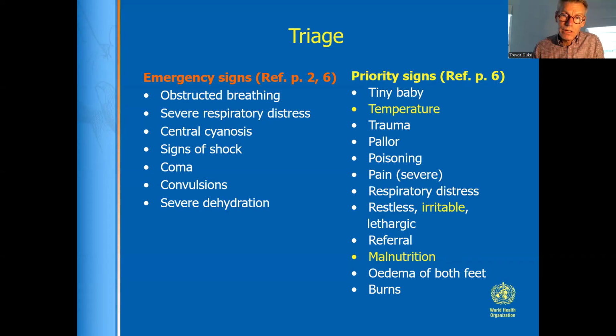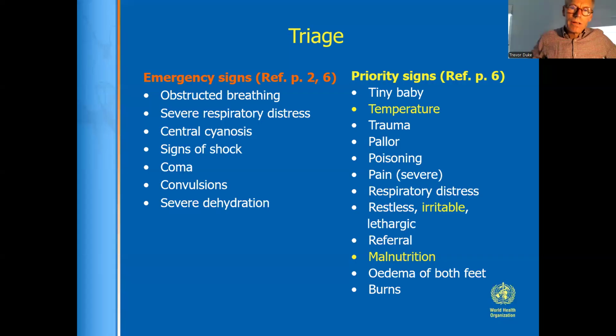He doesn't need any emergency treatment, but he should be seen quite promptly. So Thomas has no emergency signs, but he has priority signs, which means that he should be seen promptly and have the clinical process, the history, and the examination done promptly.